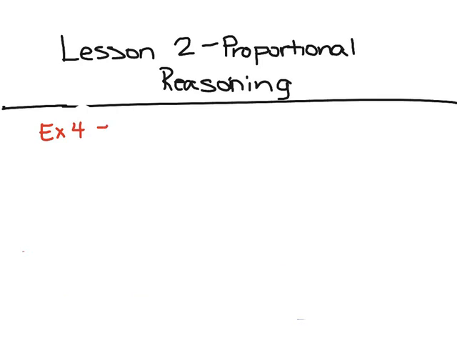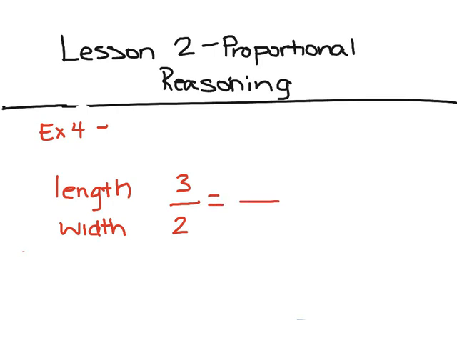John has found that he can arrange the work cubicles of his employees best if the ratio between the length and the width is 3:2. So our length is 3 to our width, which is 2. If a room is 6 meters long, how wide will it be? So we know our length is going to be 6.